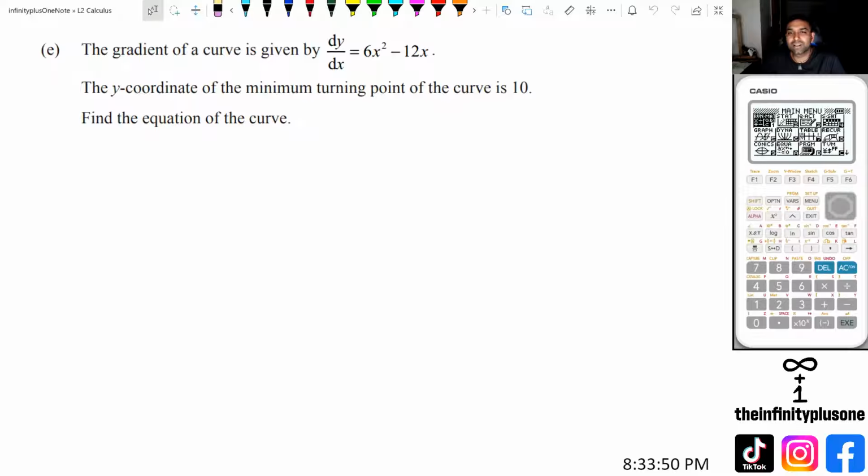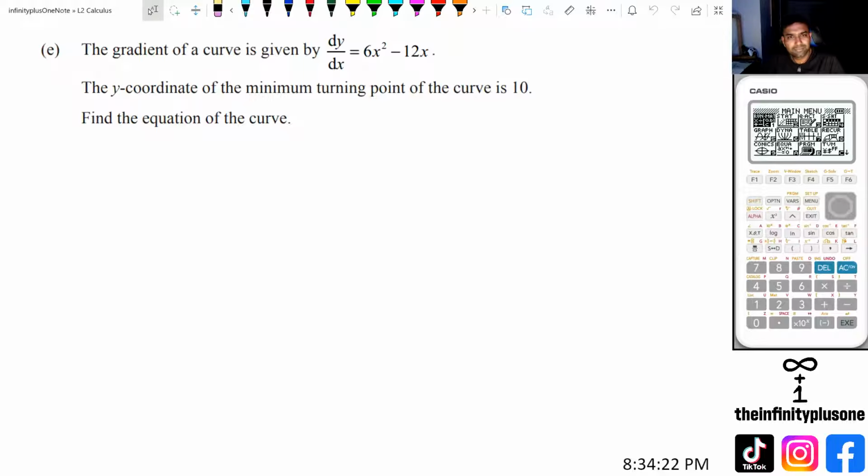I'm trying to think about how to do this. The gradient is equal to that. The y coordinate of the minimum turning point of the curve is 10. Have you already done it?